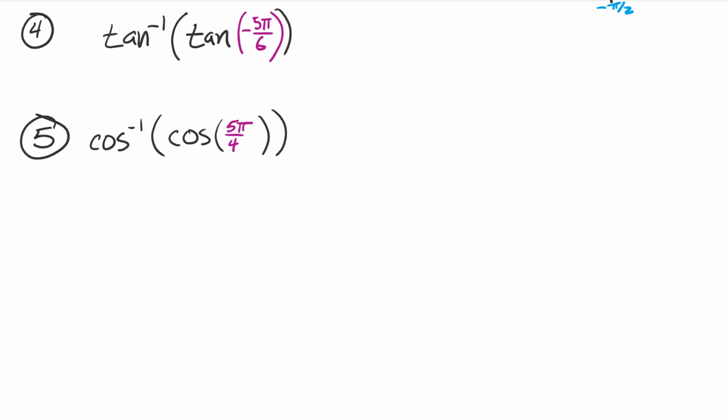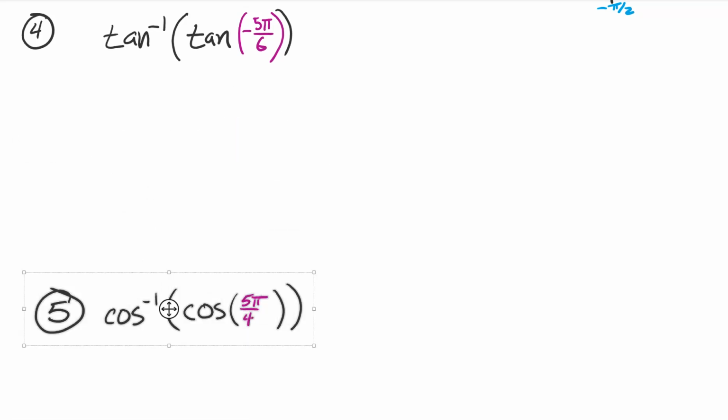Let's look at these two. We look at our angle, negative 5 pi over 6. And we want to know, since we're talking about tangent inverse, let's look where our angle is.